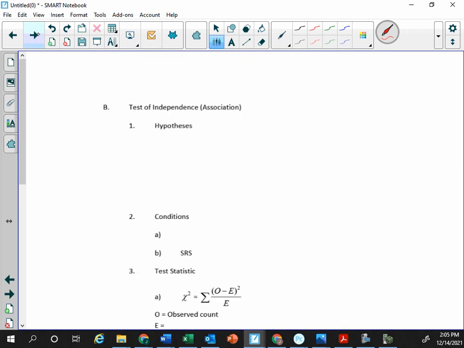All right, guys. Okay, so our next one is the test for independence. This is still a chi-square test. It's just a different type of chi-square test. With this one, you normally have two categorical variables.